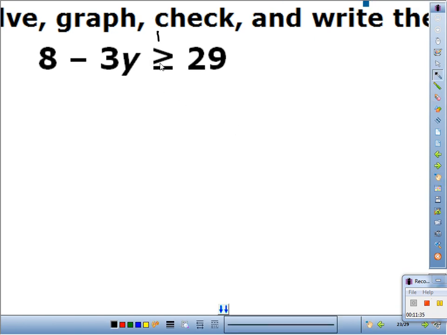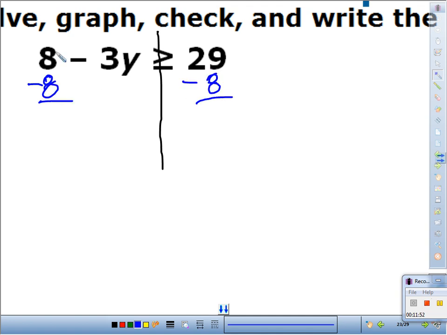Line down the inequality symbol. Okay. Can we simplify the left side anymore? No. How about the right side? No. So we need to isolate the variable. What do I do from there, Omari? Subtract 8, subtract 8. We're left with negative 3y greater than or equal to 21.